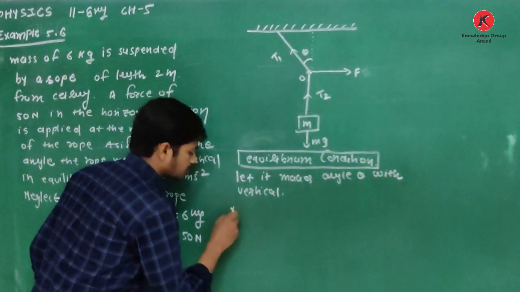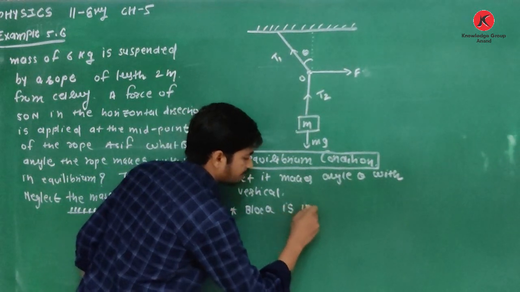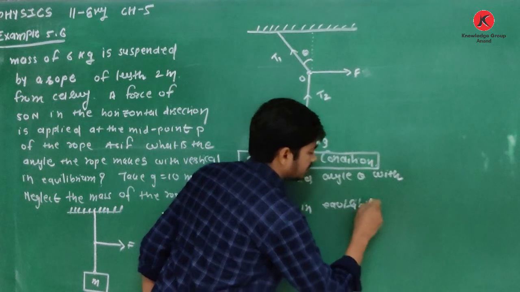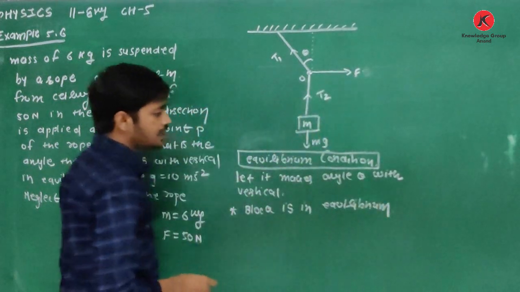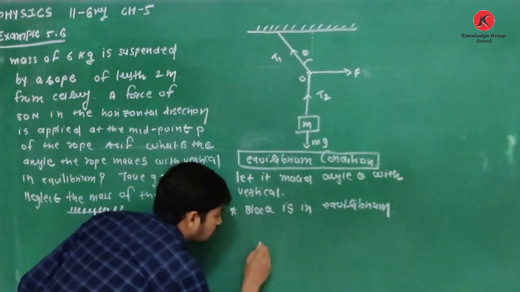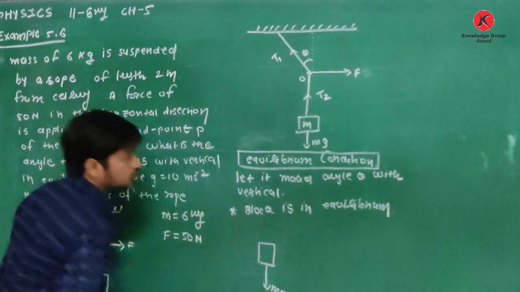Now the system is in equilibrium, which means the block is in equilibrium. So first of all, I will draw only this block. On this block, mg is acting in the downward direction.